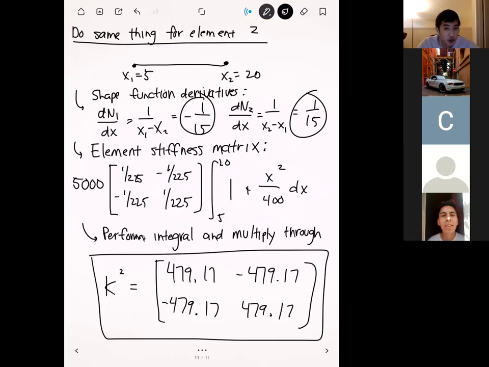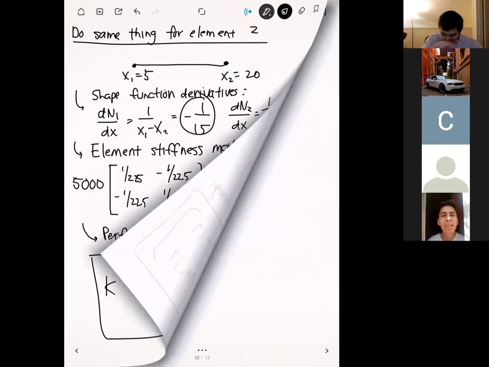And so that's our second element stiffness matrix. And we know what to do with this at this point. So now, once we get to assembly, we can put this together with our old one. Okay. All right, any questions on this so far? Okay. All right, so that's the element stiffness matrix for element 2.